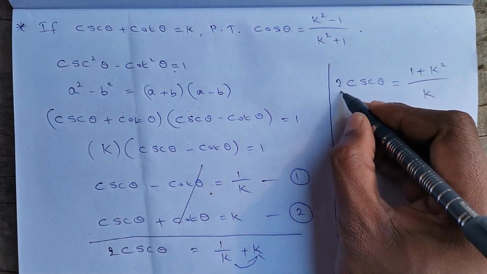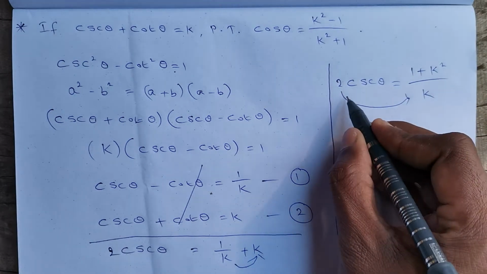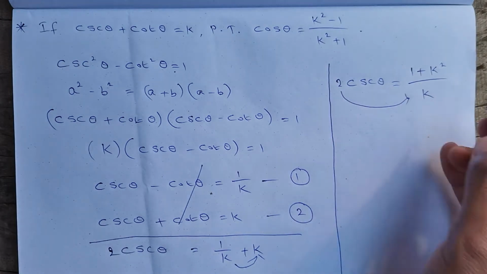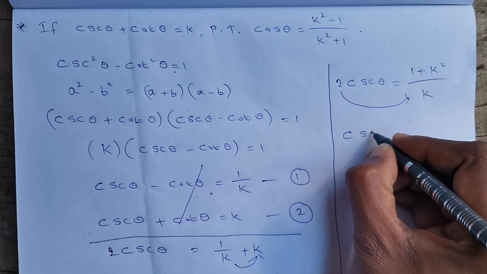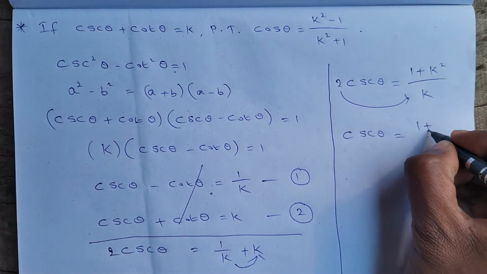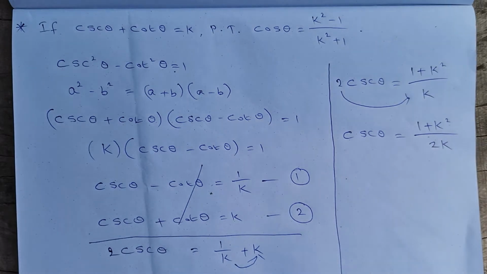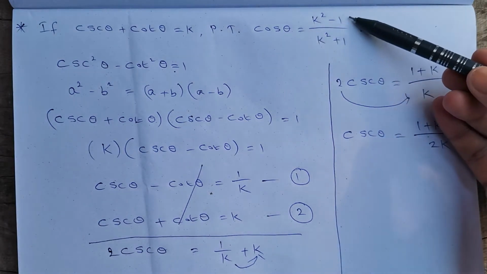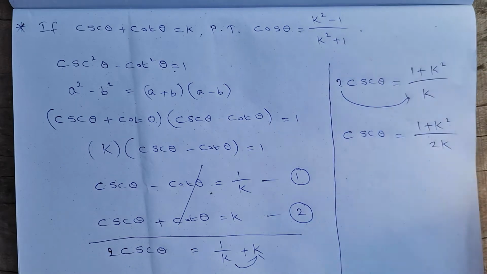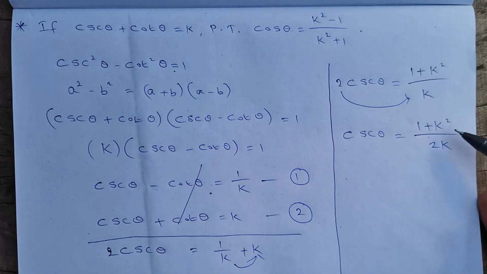Next, I will take 2 to the right side. Here it is multiplication, so if we take it to the other side, it becomes division. So we will get cosecant theta is equal to (1 plus k square) divided by 2k. Here in the question he is asking to show that cos theta is equal to (k square minus 1) by (k square plus 1). Here we got 1 plus k square.